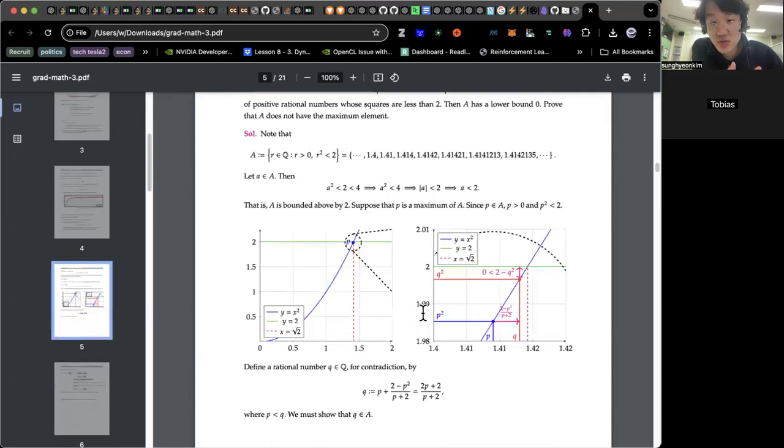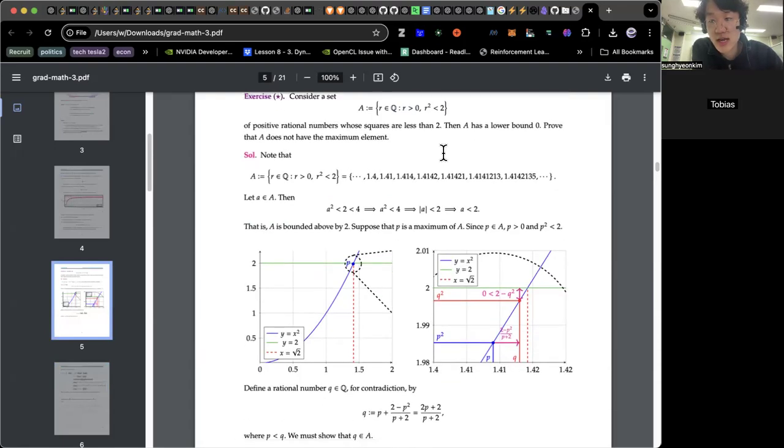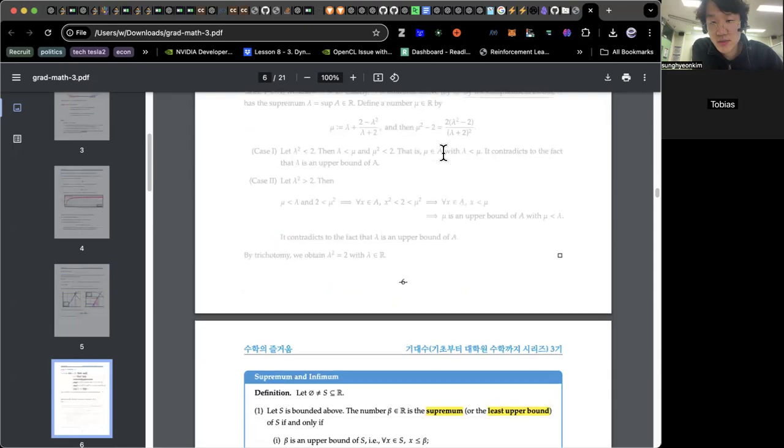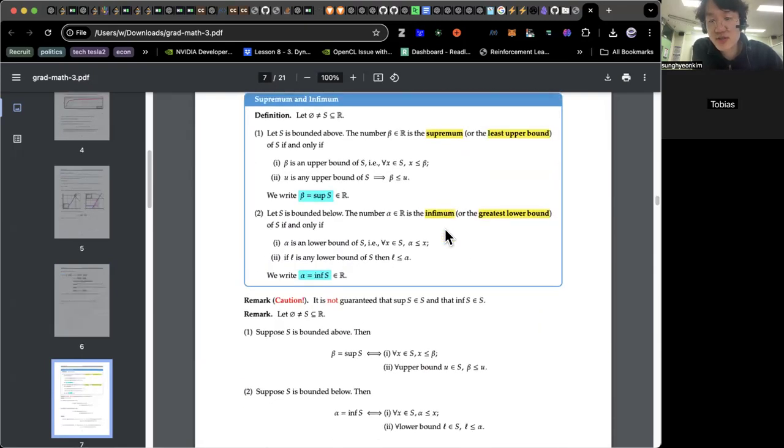And we can also show that for the set of r such that r is bigger than 0 and r squared is smaller than 2, it has a lower bound of 0. And we can define supremum and infimum, which are the least upper bound and greatest lower bound.